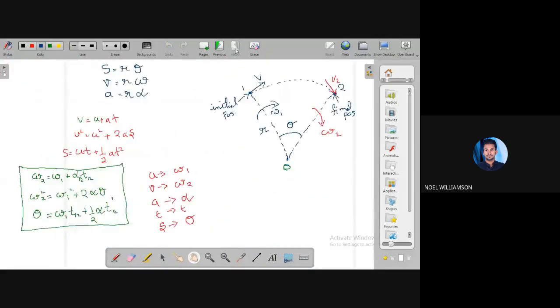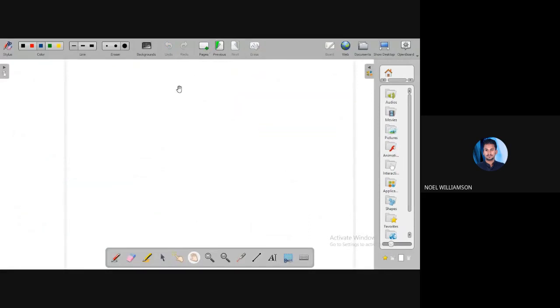Next, this is one way of representing the acceleration, having two components, ax and ay.